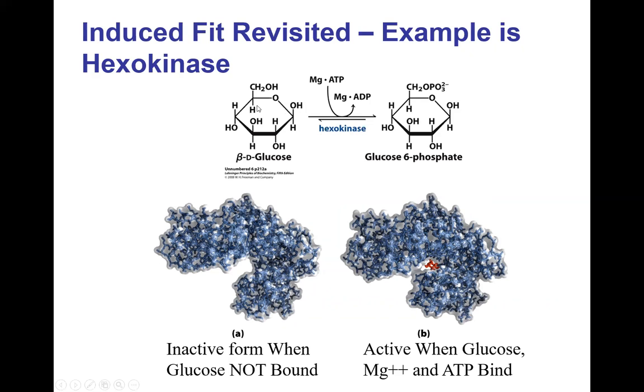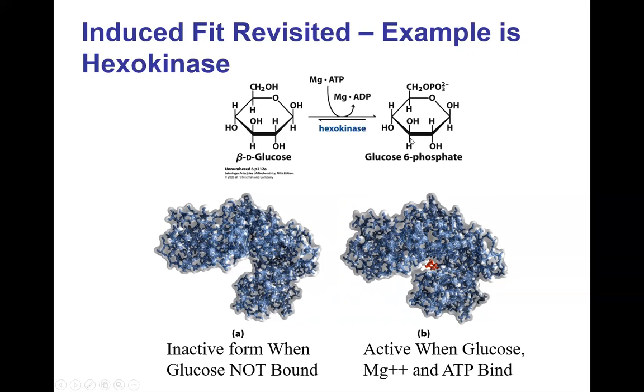It takes beta-D-glucose, and the second substrate is ATP, with magnesium, remember, the cofactor we talked about, which helps bind ATP in the right orientation so the gamma phosphate of the ATP can be transferred to the 6th hydroxyl group of beta-D-glucose, this one on the top, forming glucose 6-phosphate.